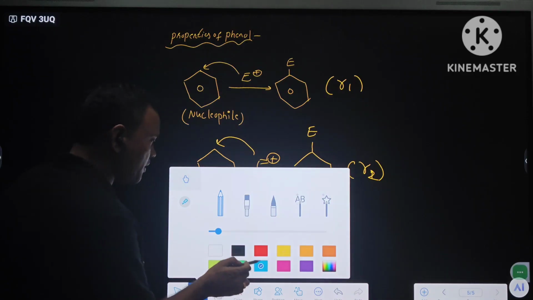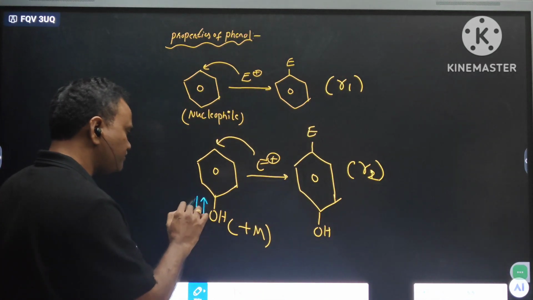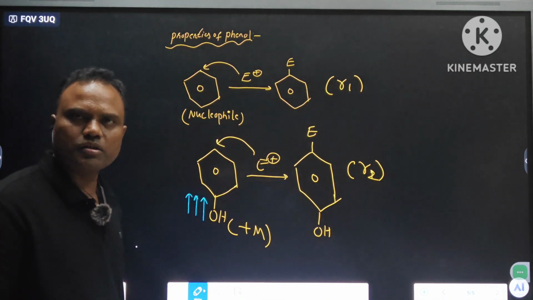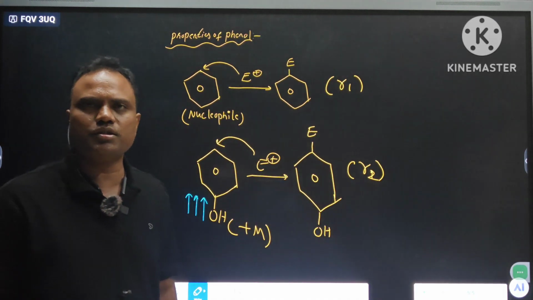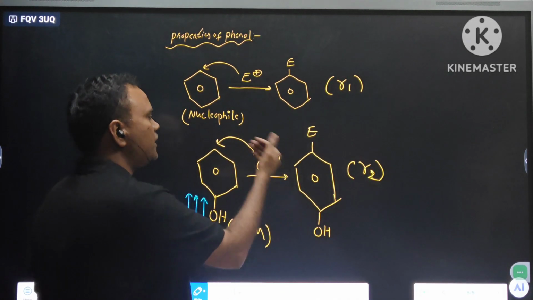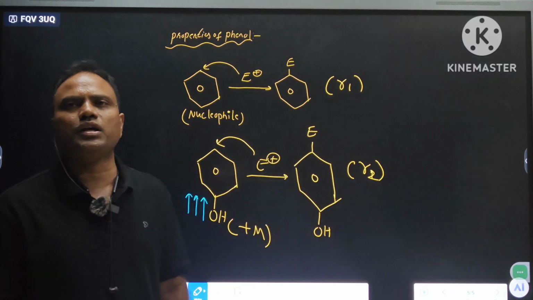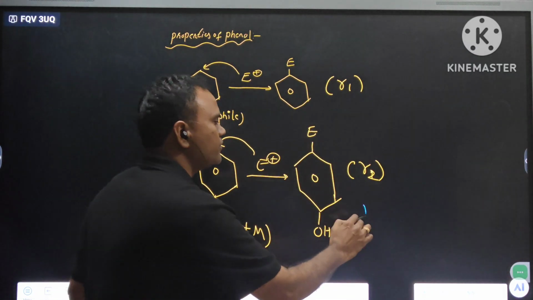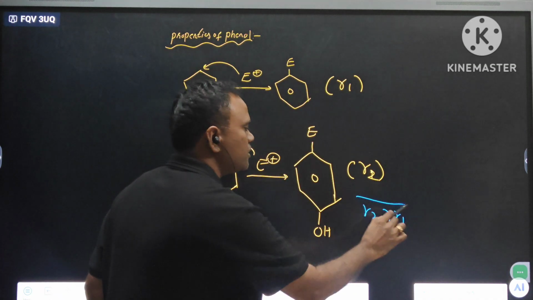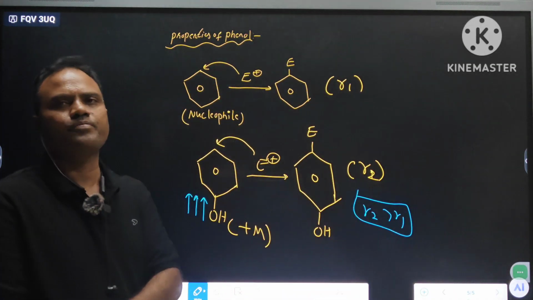This OH group supplies electrons to the ring. Then electron density on the ring increases, so electrophile attacks easily. Clear? So R2 is greater than R1. Rate of second reaction is more than rate of first reaction.